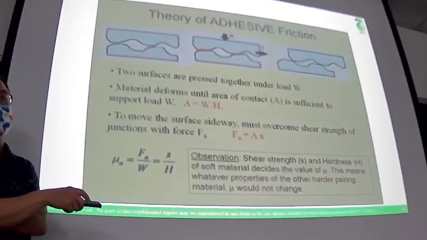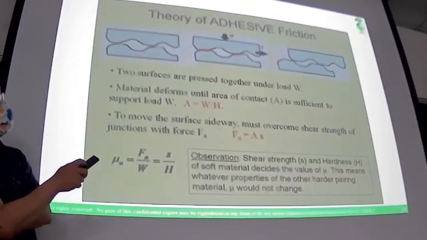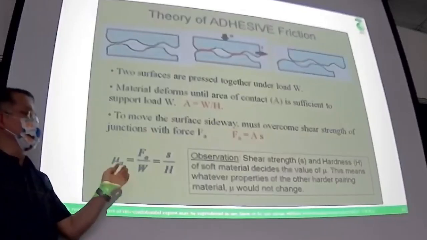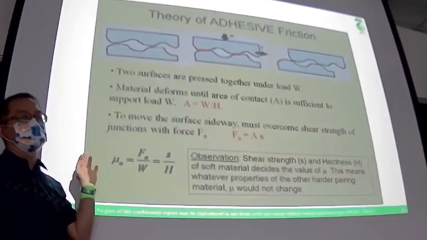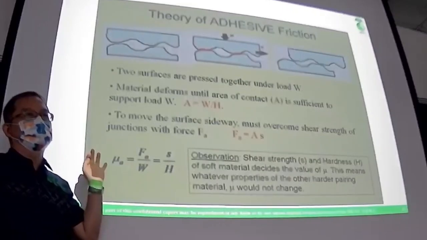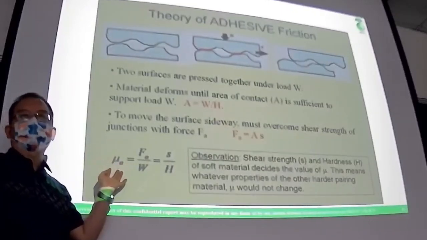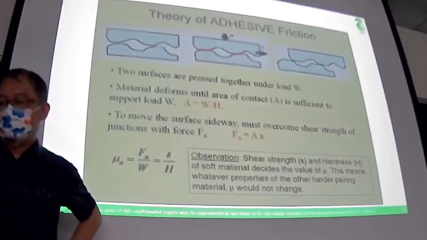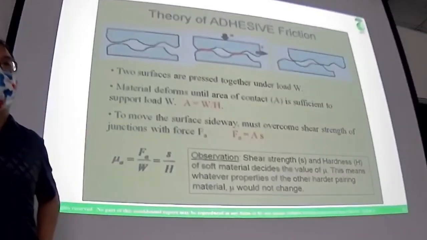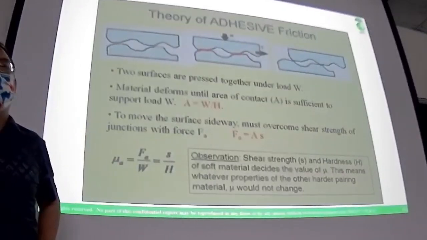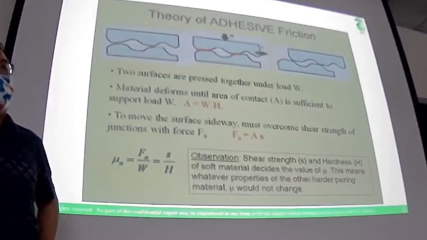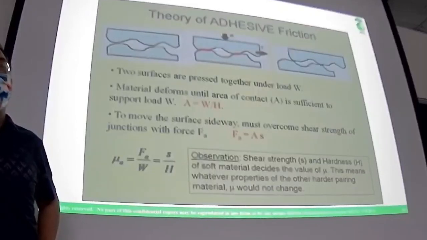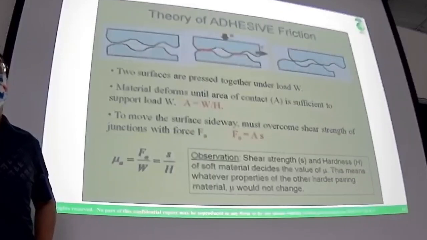Okay, so for the adhesive friction, the coefficient of friction is purely decided by the softer material. So when you are doing the mechanical design, it's the softer material that is the important one. It's not the hard material. Okay.